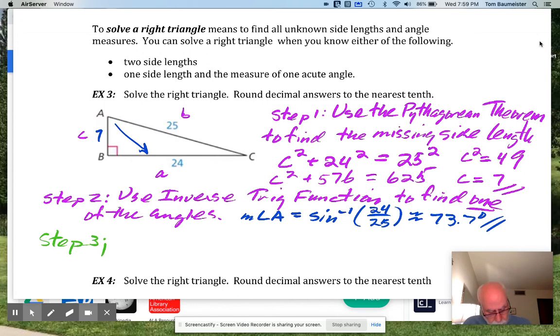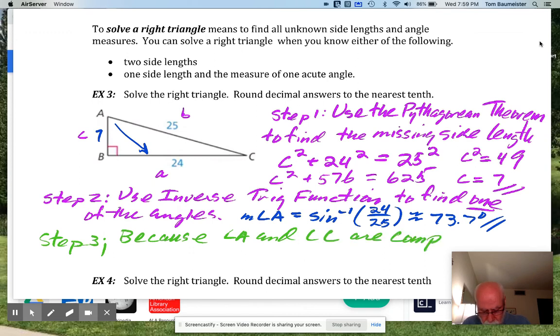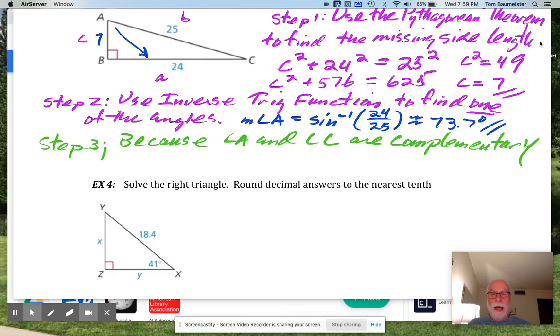So on this one here, because A and C are complementary, remember, complementary means that they add up to 90 degrees.